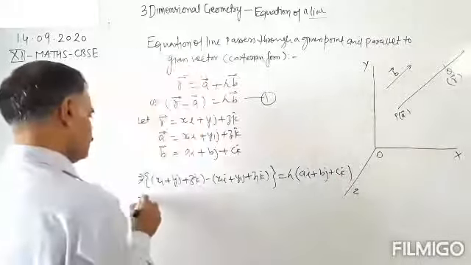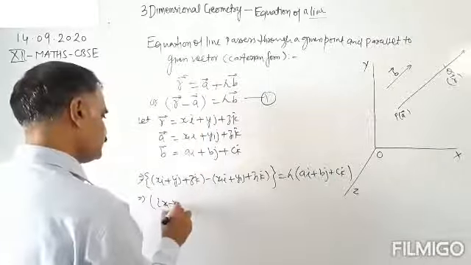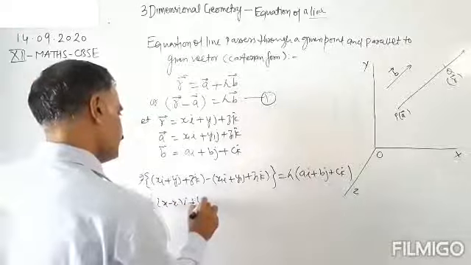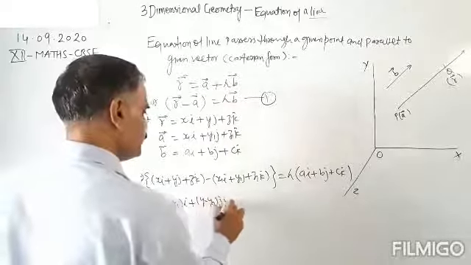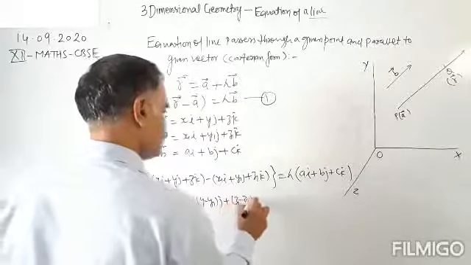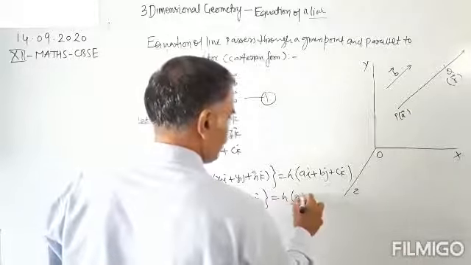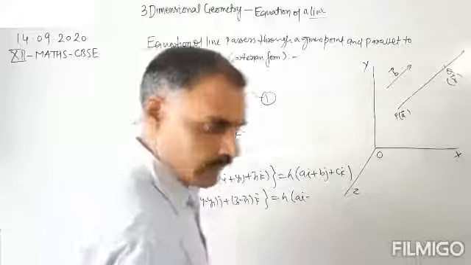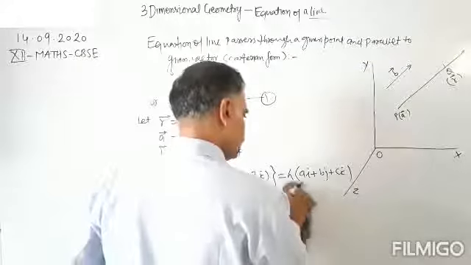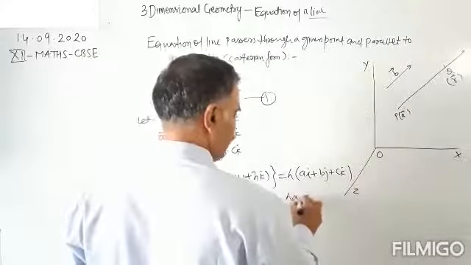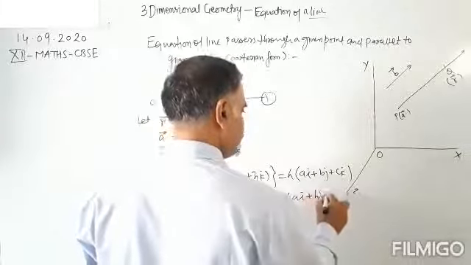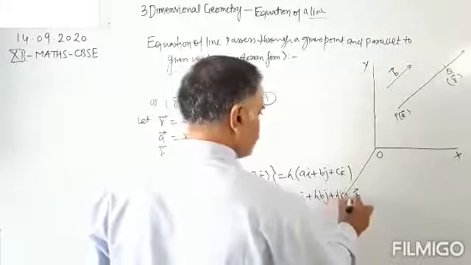So this is x minus x1 i cap plus y minus y1 j cap plus z minus z1 k cap equals lambda ai cap plus lambda bj cap plus lambda ck cap.